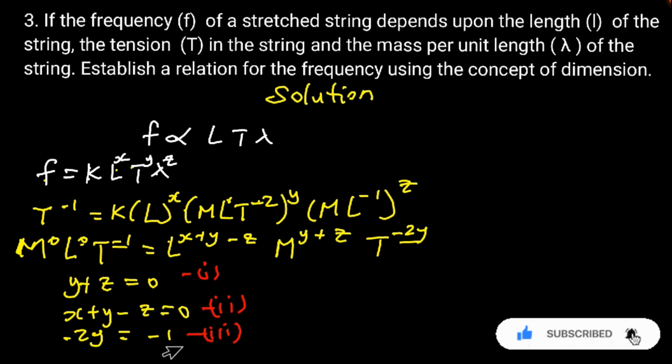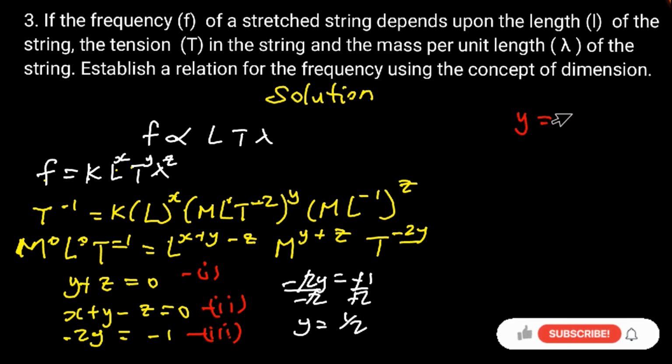Now from equation III, we can find the value of y. So we have minus 2y equals to negative 1. Let's divide both sides by minus 2. So this and this will cancel. y will be equal to minus 1 over minus 2, which is half. So the value of y is half.